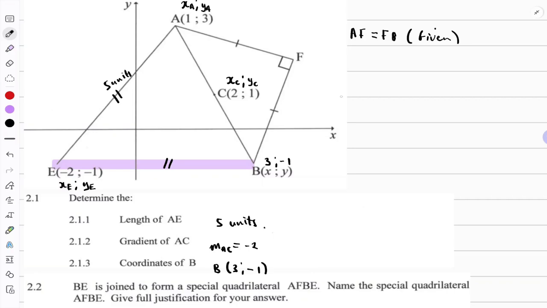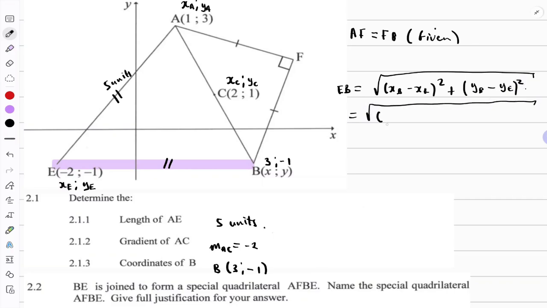So we can say distance EB is equal to the square root of (XB minus XE) the whole squared plus (YB minus YE) the whole squared. So now we can just substitute. XB is 3, minus XE is minus 2, the whole squared, plus YB is negative 1 minus YE, that is negative 1, the whole squared.